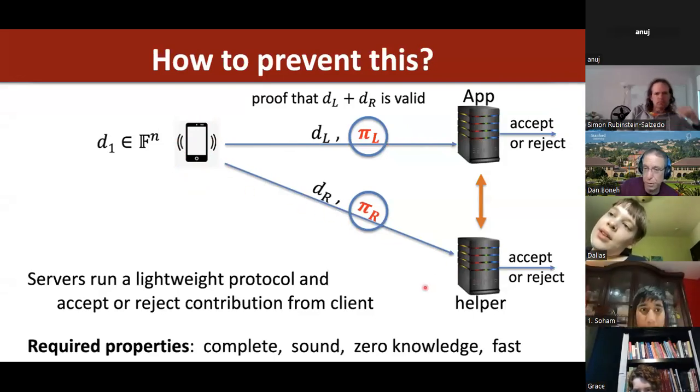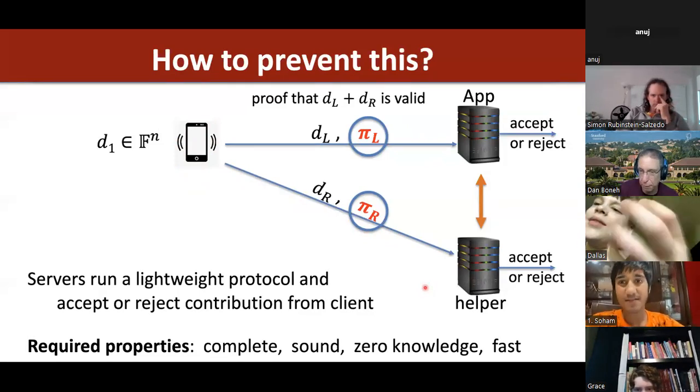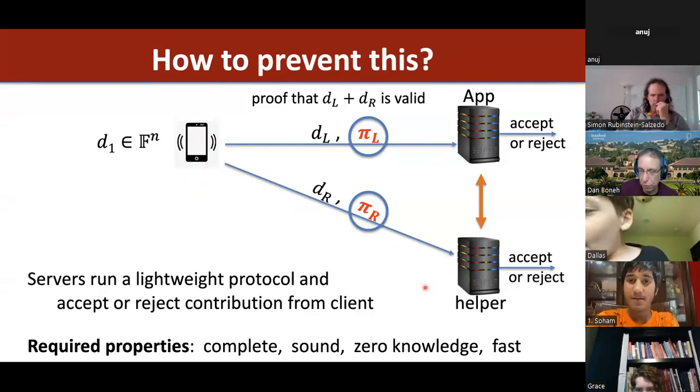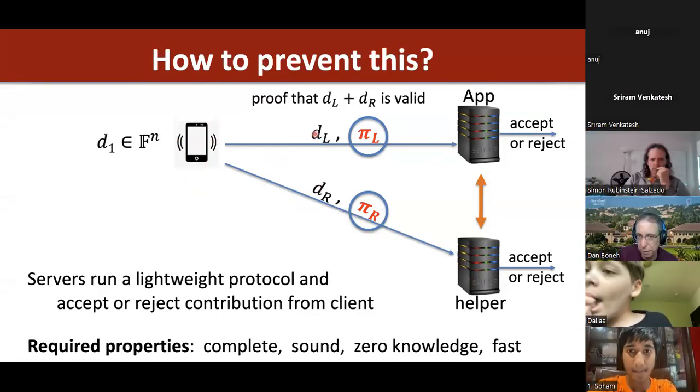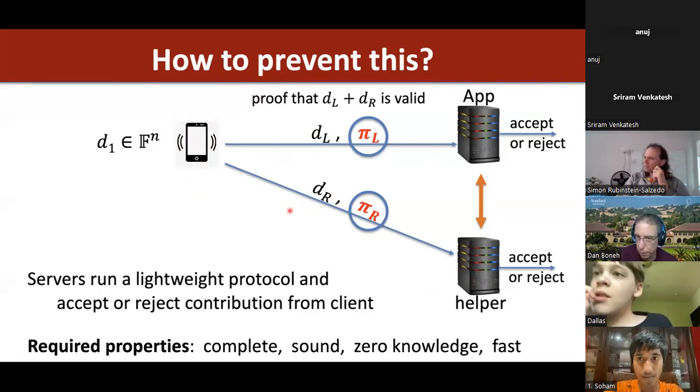Then DL plus DR is just some random junk, right? It's not the actual binary vectors you're supposed to send. DL and DR are both random, and so the sum will be random junk, and that will destroy the entire summation computation. Does that make sense?